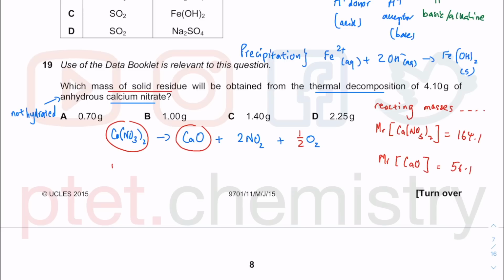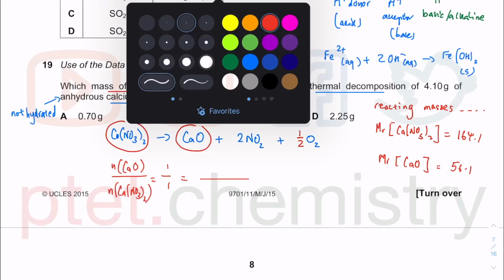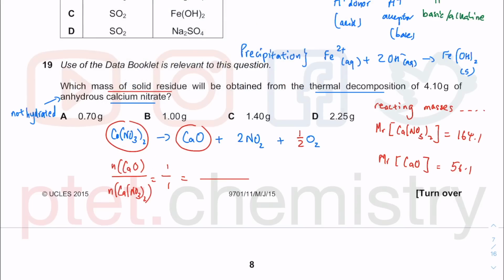Now I set up my mole ratio. So the mole ratio of calcium oxide is to the mole ratio of calcium nitrate. Hopefully you can see it's 1:1 from the balanced equation. 1 mole of these gives you 1 mole of calcium oxide. On the top there, I have the actual mole of calcium oxide. I want the mass of the calcium oxide that actually formed. Mass over Mr, so that is the Mr which I just calculated previously.